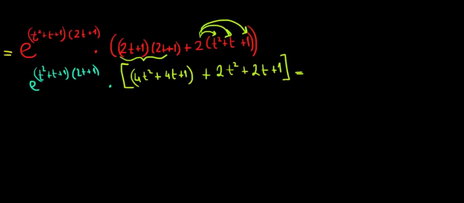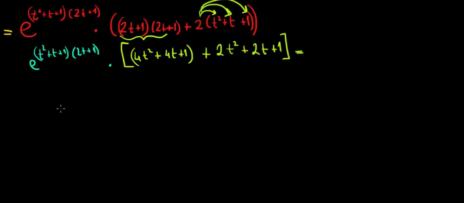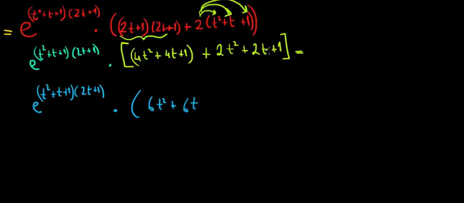That's e to the power of t squared plus t plus 1 times 2t plus 1 multiplied with 4t squared plus 2t squared. That's 6t squared. 4t plus 2t, that's 6t. 1 plus 1, sorry, 1 plus 2, because 2 times 1 will be 2 here. Sorry about that. So 1 plus 2 is 3. And that's it. That is the final answer. We are done.